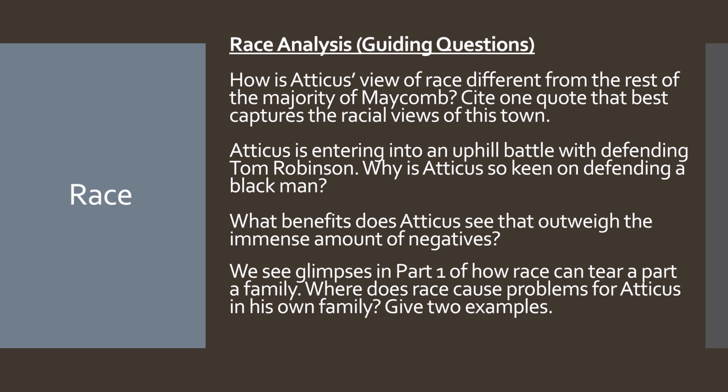This assignment is not something that you can complete all in one day. So you guys are going to have the entire week to work with your groups and dissect these questions and really think about how Maycomb is its own character and how all of these different attributes play an essential role within our narrative.